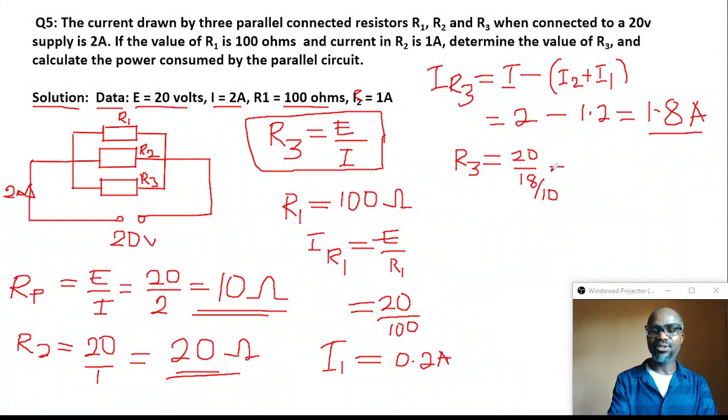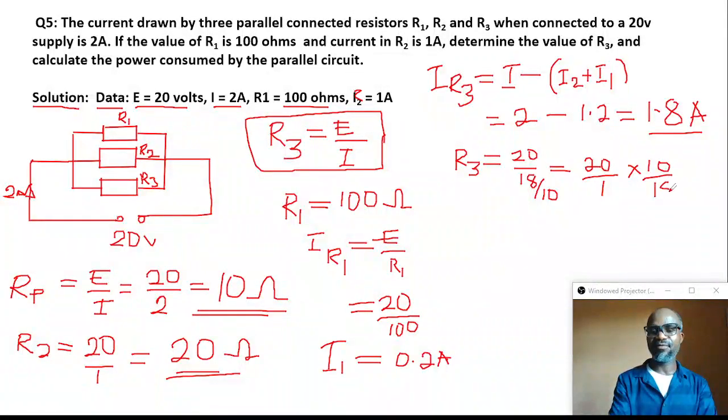What we need to do is very simple. We have 20 over 1 times 10 comes up, and then over 18.